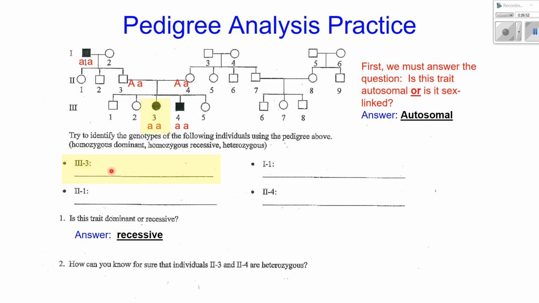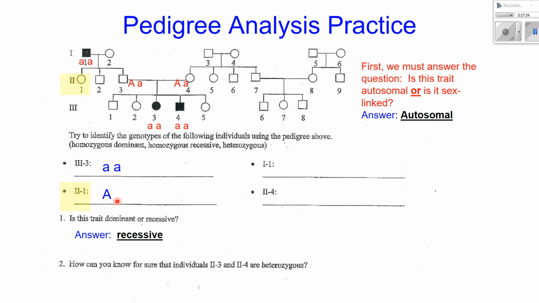So let's fill in the genotypes of these four individuals. 3-3, we've already kind of figured that one out. They're shaded in, so they have to be little a, little a. All right, now what about person 2-1? Let's think about that one. So this is a female. She's not shaded in, so she's got to have at least one what? Big A. Yeah.